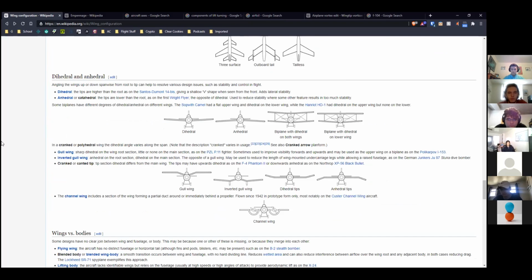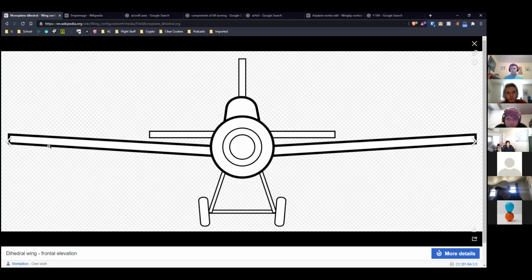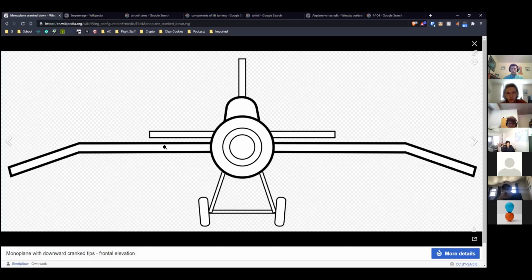And really the reason you would do that is that if you think about in this design, the lift that the wing creates is always directly perpendicular to the lifting surface, wherever that lifting surface is. So right here, the lift is in this direction, right here, the lift is in this direction, but here the lift is in this direction.